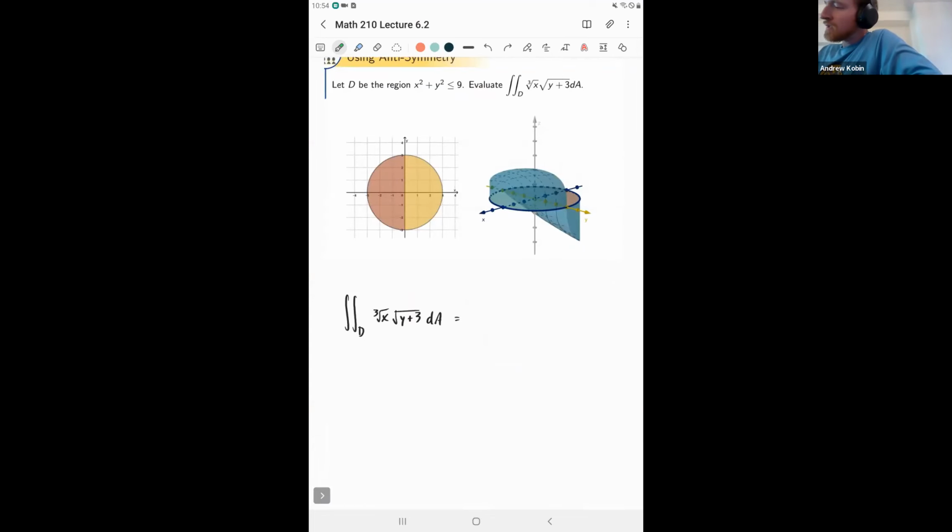And I'm going to call the right half D1 and the left half D2, so that by rule number 3 for integral properties a few slides ago, we can write this double integral over all of D as the sum of a double integral over D1 plus a double integral over D2. And the point here is that the gold and red, the two semicircles here, do not overlap.